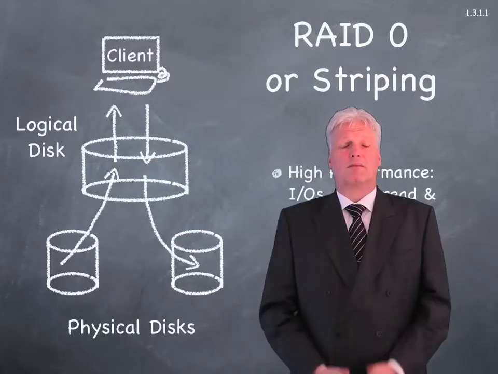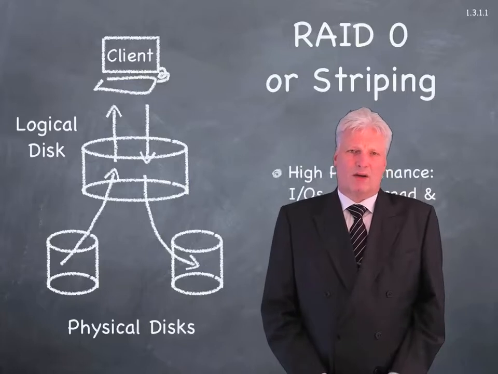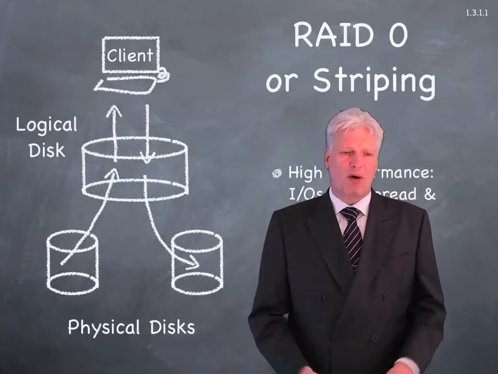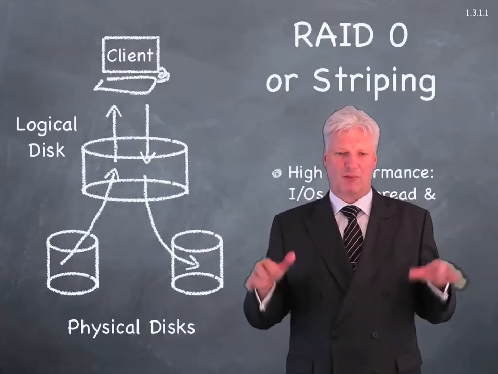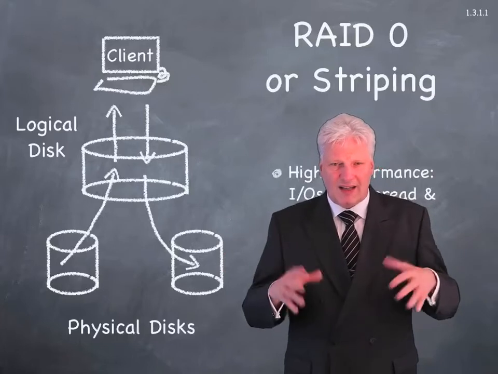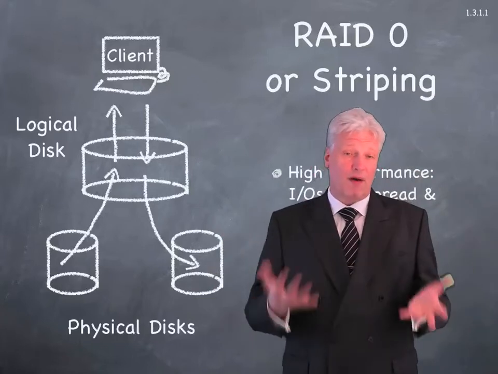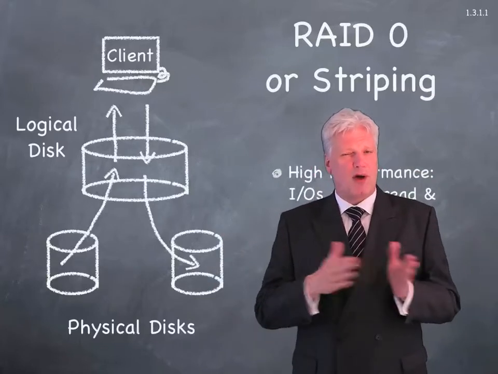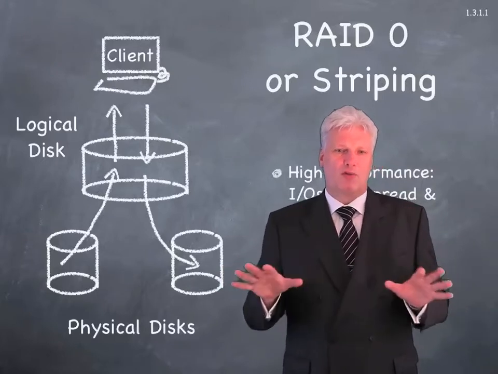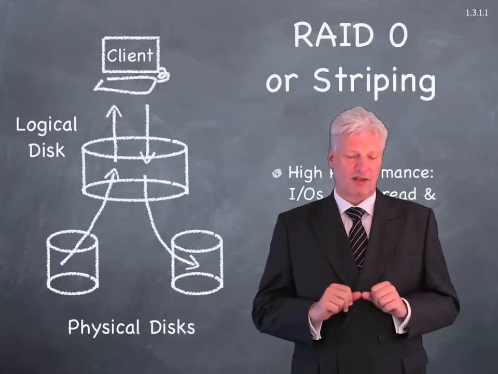Okay, RAID 0 is actually not really RAID by the definition of RAID being redundant, because RAID 0 is only going to stripe over multiple disks. The idea of RAID 0 is that you have a bunch of disks and you'd like to get a big disk with a very high performance. The idea of striping over all of these disks is essentially that you get more IOs per second because you can touch multiple disks.